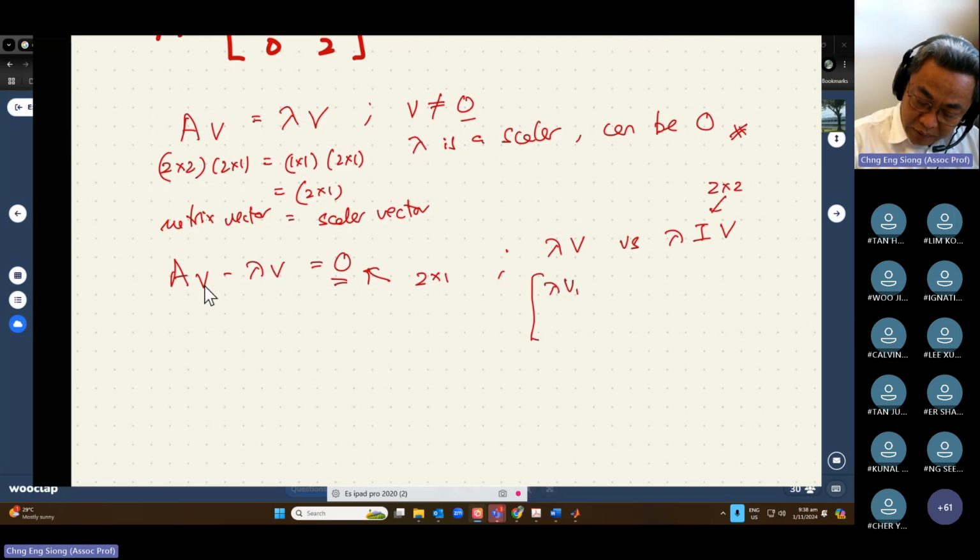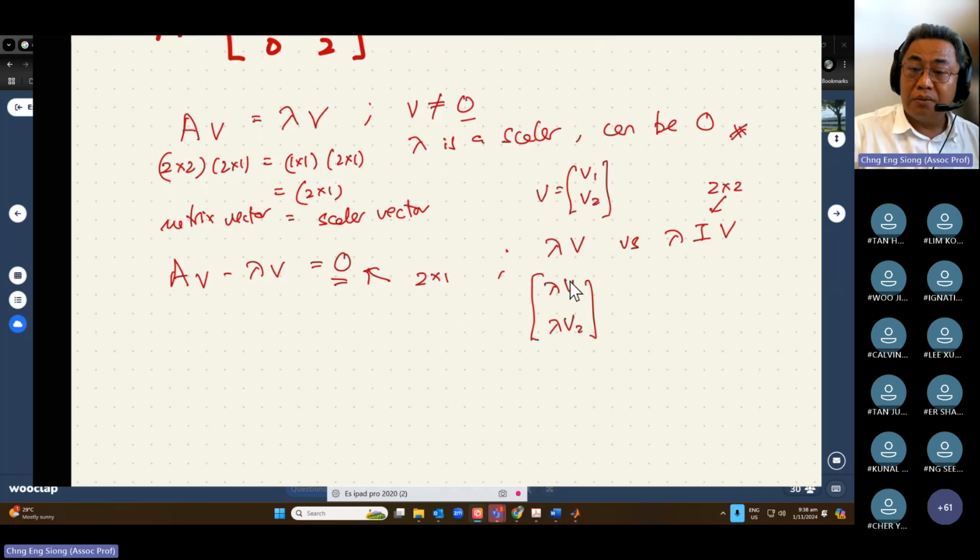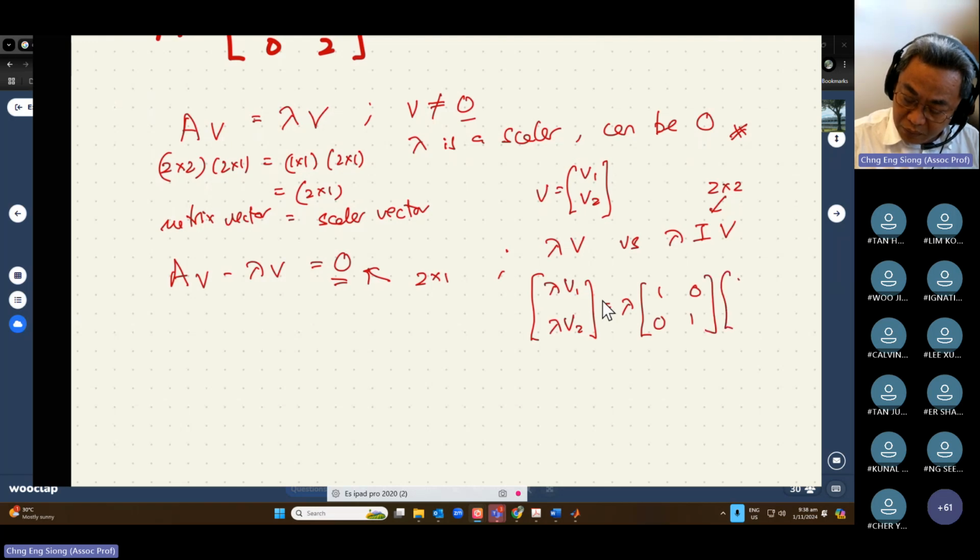Lambda V1, lambda V2. Let's assume that V is equal to V1, V2. V is a two-dimensional vector. Lambda V means I basically bring the lambda inside. Okay, fine. Lambda, what is I? I is 1, 0, 0, 1. What is V? V1, V2. So far okay, guys? What is lambda I? Oops. Lambda 0, 0, lambda.